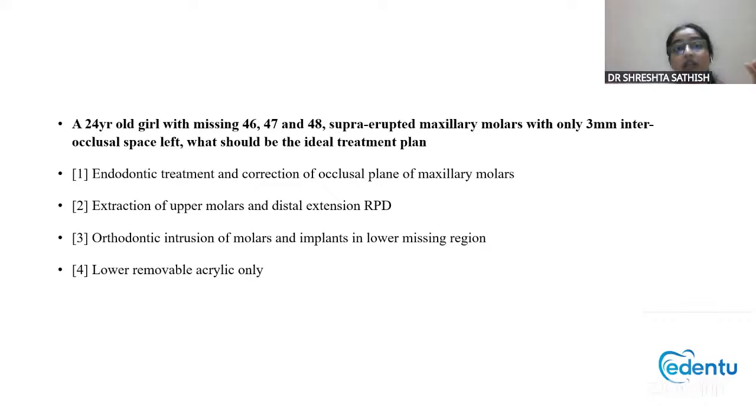Very difficult. So the best option is orthodontic intrusion of the molars followed by implants in the lower posteriors. Considering her age, that is the best option. That is why I said when you're reading, there is a reason why the profession or the age is mentioned for the patient.